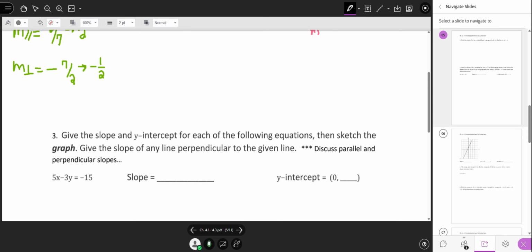Next. And we've done that, so I don't need to explain that. Now, give the slope and the y-intercept. Okay? Well, the y-intercept is when x equals 0.